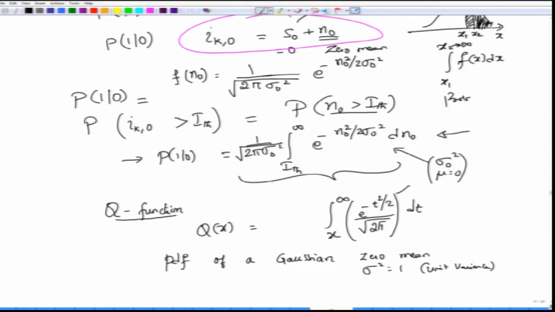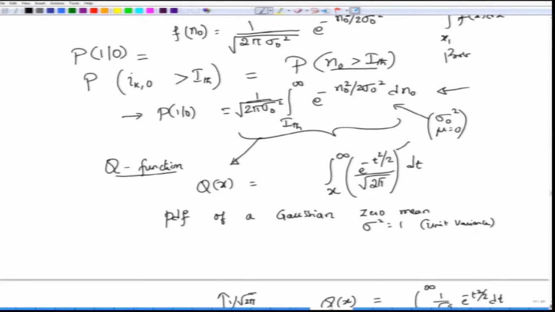So if I can rearrange this equation such that it looks in the form of a Q function, and Q function is well tabulated in the literature, then I can use those values which people have already computed many years ago.